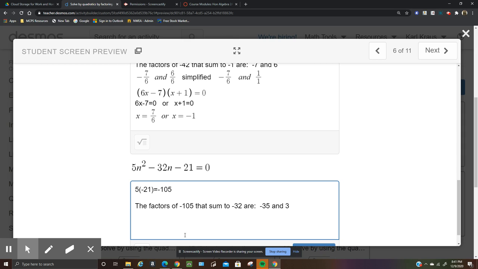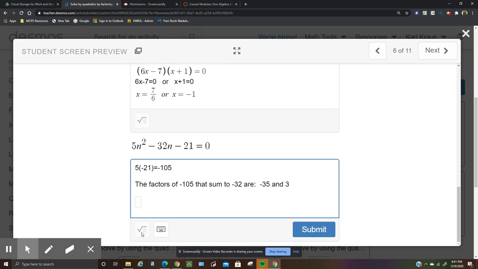Then you want to divide each of those by 5. Negative 35 divided by 5, and 3 divided by 5.